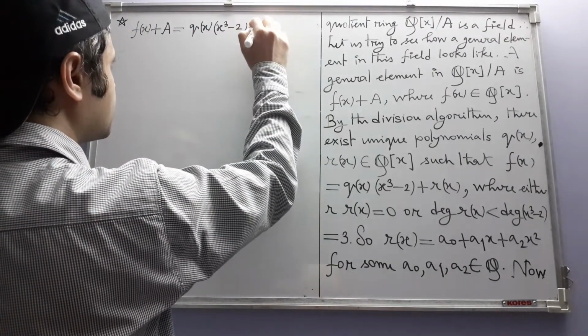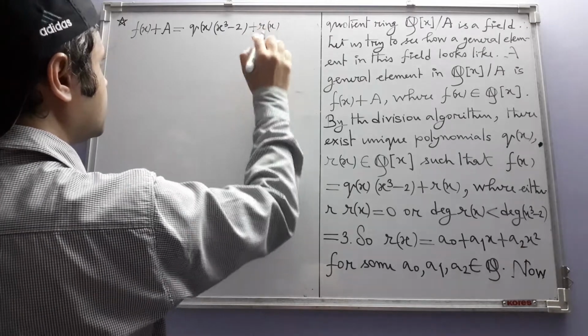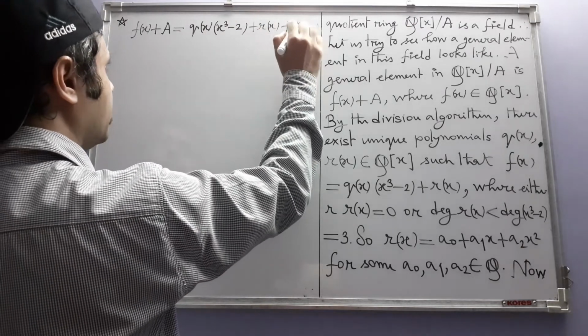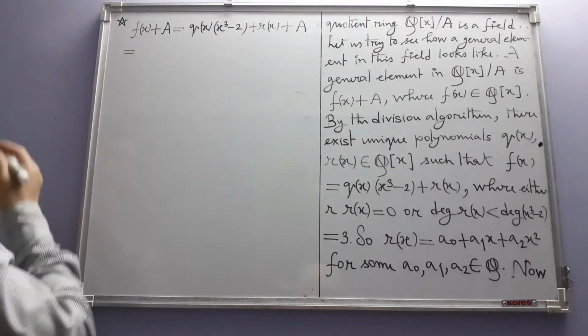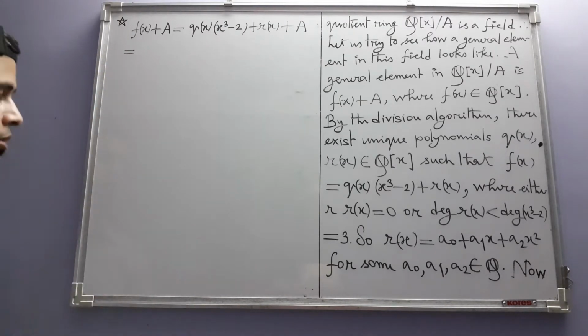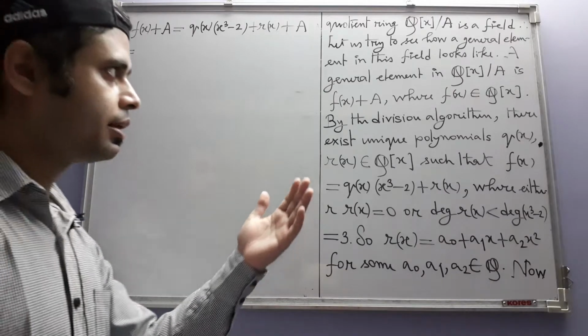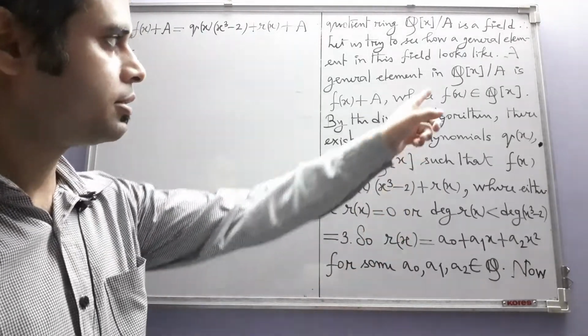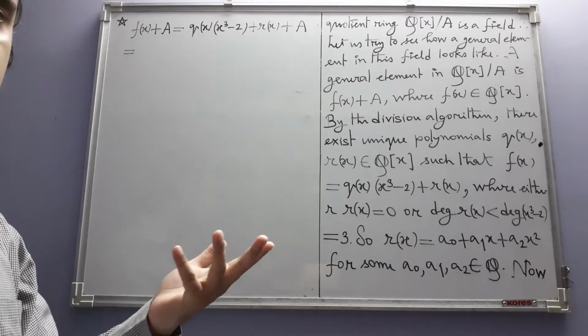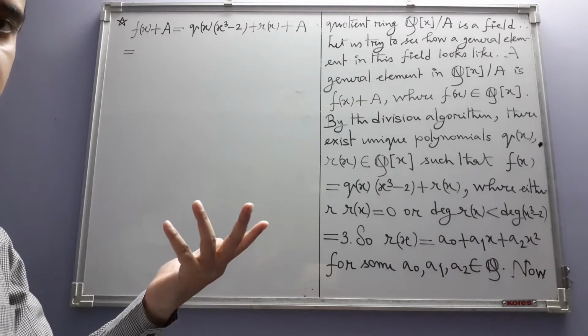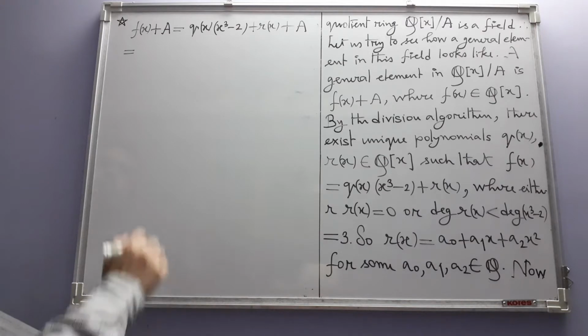Plus rx plus A, and this is equal to, recall the operations in a quotient ring. What type of addition and multiplication do we have in a quotient ring?